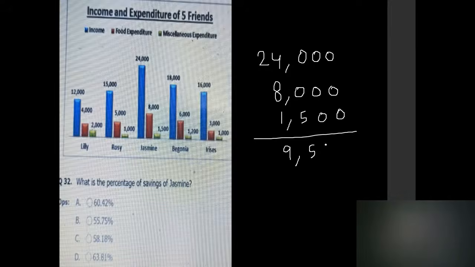So you should check how much Jasmine's savings are. Can anyone tell what Jasmine's savings are? These are spendings, expenditure. This is the complete salary. So what is the savings?